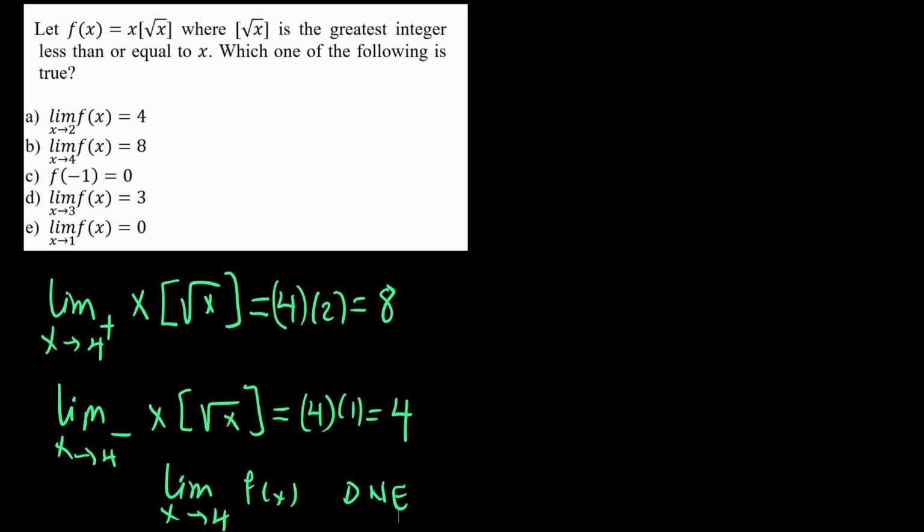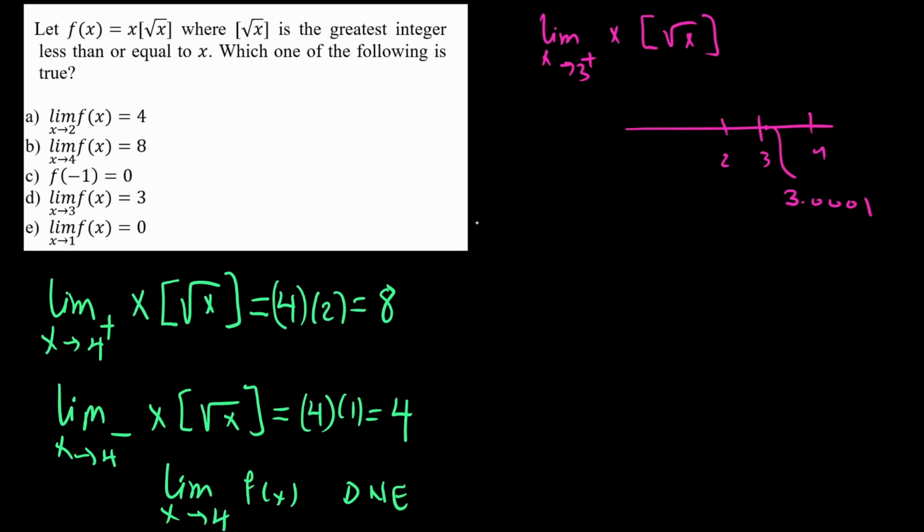Okay, now let's look at the limit as x goes to 3 from the right of x multiplied by the greatest integer of the square root of x. Now let's see what kind of numbers we're trying to approach. So this is 3, this is 2, and this is 4. If you approach 3 from the right, so we're talking about numbers such as 3.0001 for example, and if you take the square root of that, this is going to be very close to 1.7.